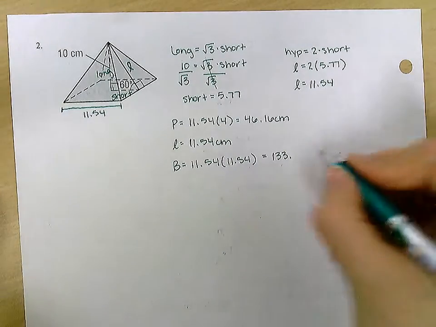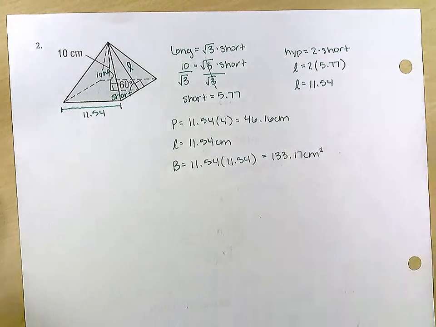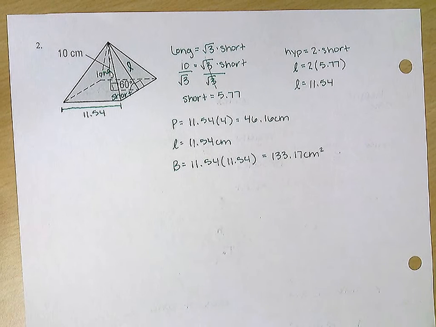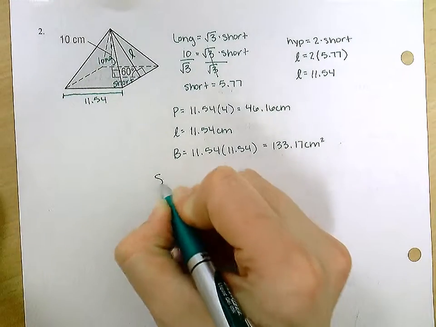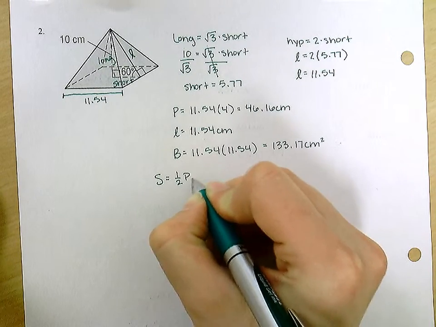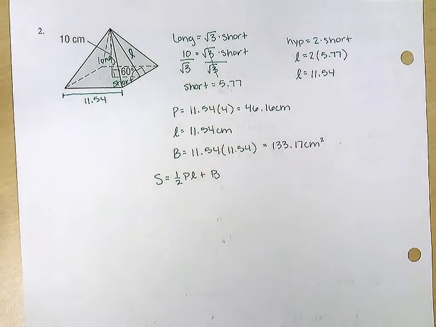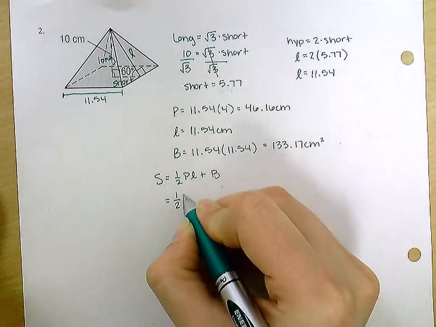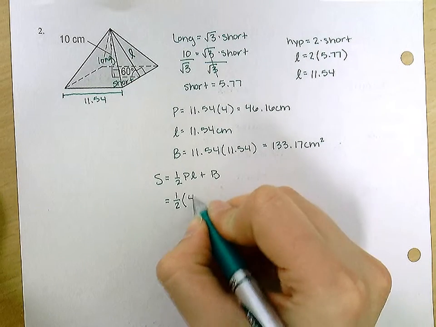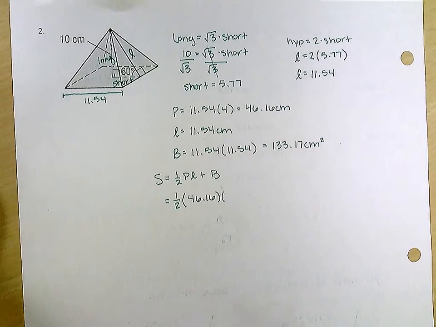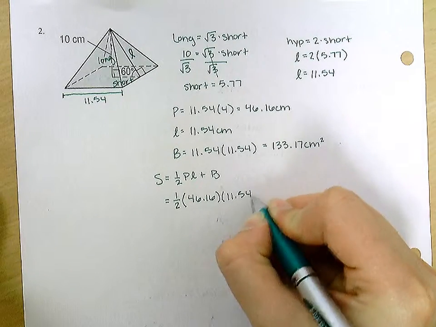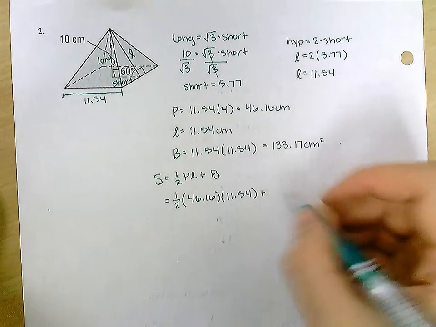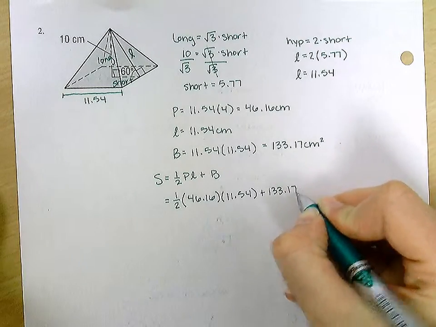And I got 133.17. Now that I have P, L, and B, I can use my surface area formula, which is 1/2 P times L plus B. And just plug in each value. So we have 1/2 times 46.16 times 11.54 plus our B value, 133.17.